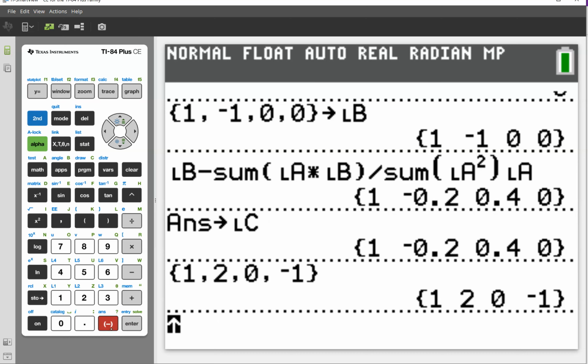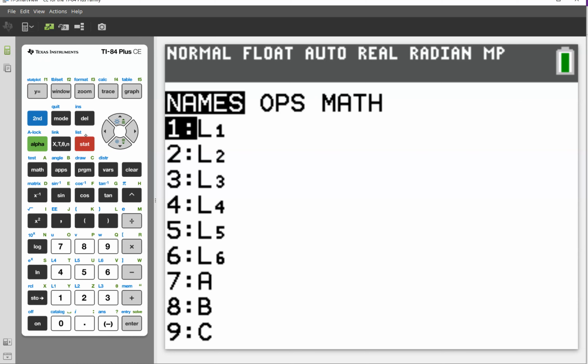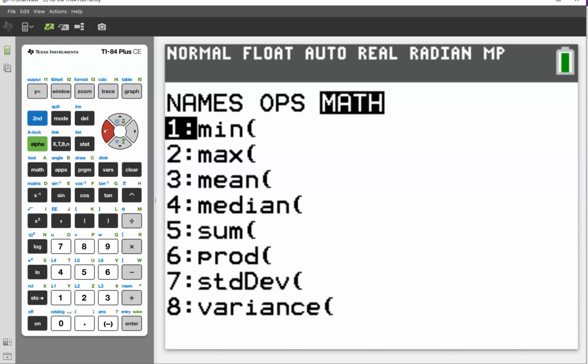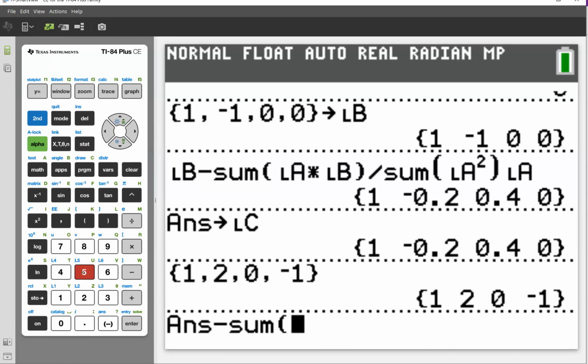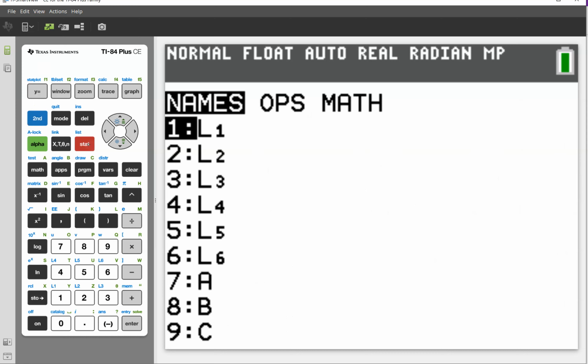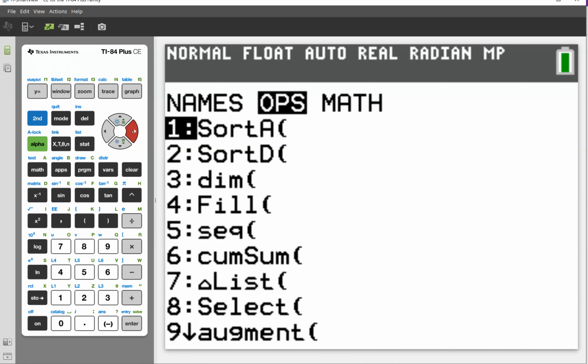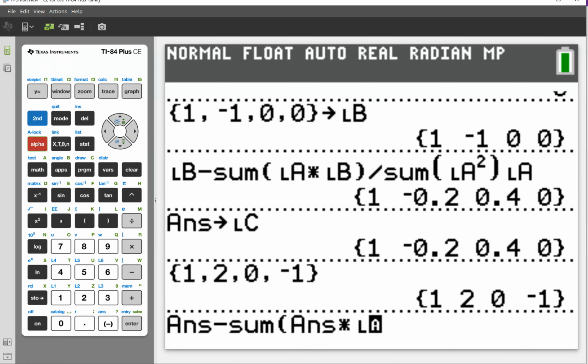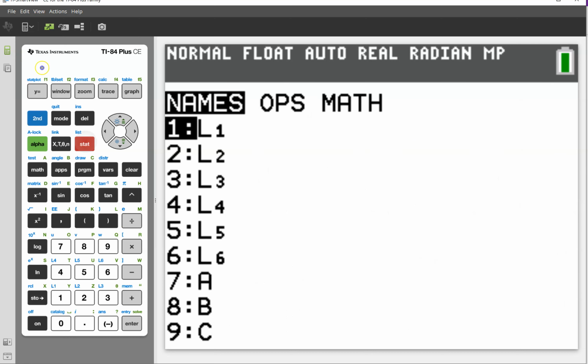So now I want previous answer minus the sum of the previous answer times list A divided by, and if you want to store some of these things so you don't have to type it in every single time, that's good too.